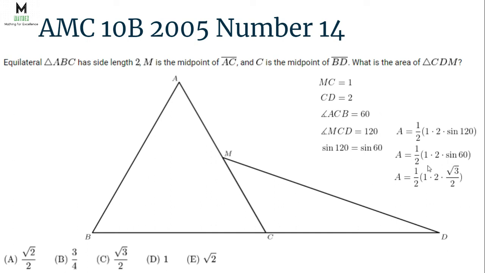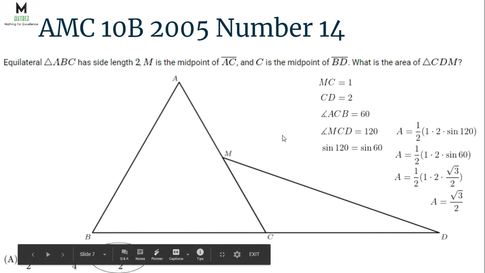So the area of this triangle will be 1/2 times 1 times 2 times root 3 over 2, which is simply root 3 over 2, because the 2 and the root 3 over 2 would cancel out to give us root 3, and then root 3 times 1/2 would give us root 3 over 2. And ultimately, we would get an answer of C.